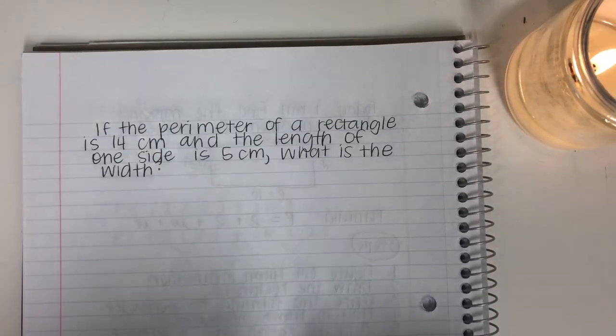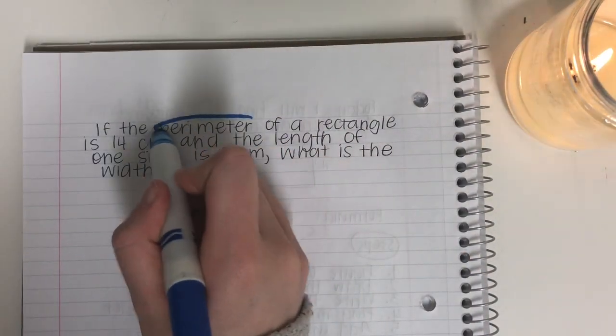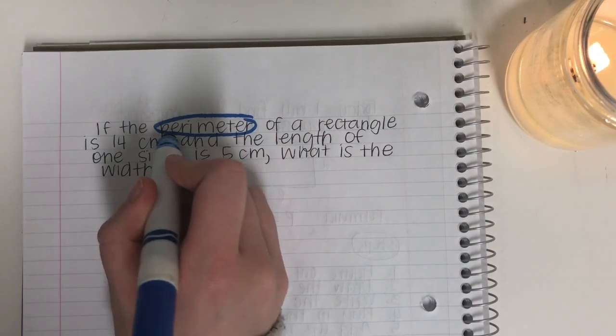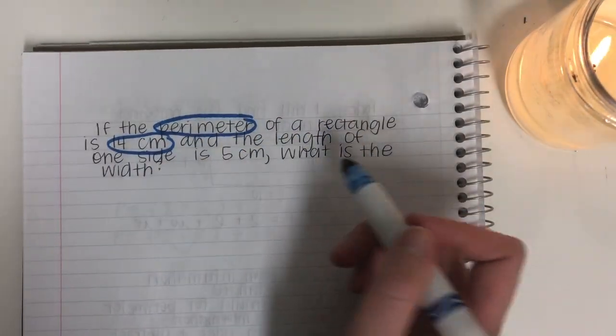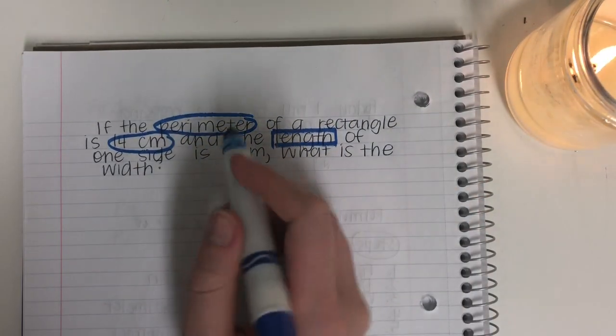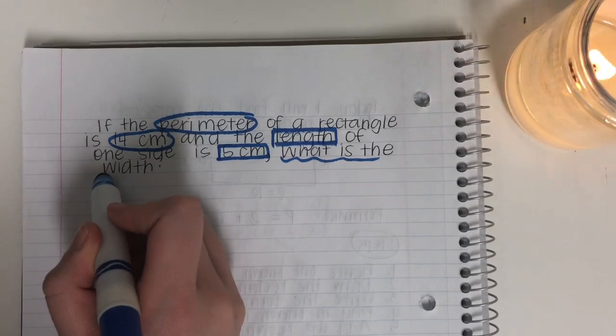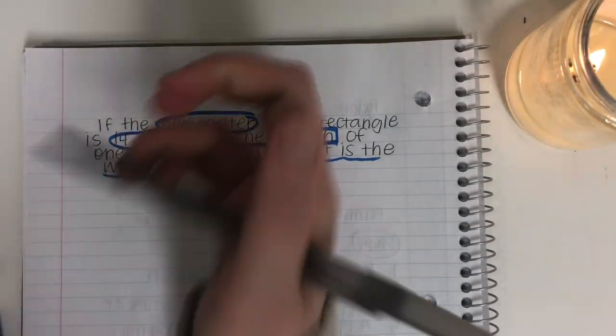Okay, first thing I'm going to do is mark it up and figure out what I know. So the perimeter of the rectangle is 14 centimeters, and the length of one side is 5 centimeters, and we need to figure out what is the width. Now I'm going to draw my picture.